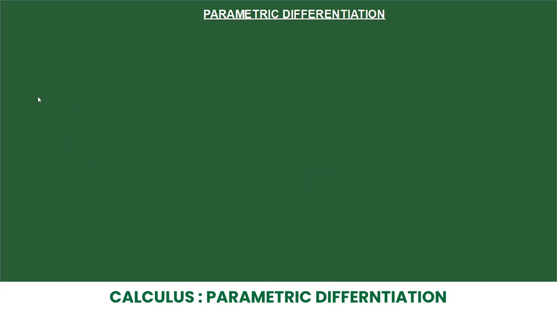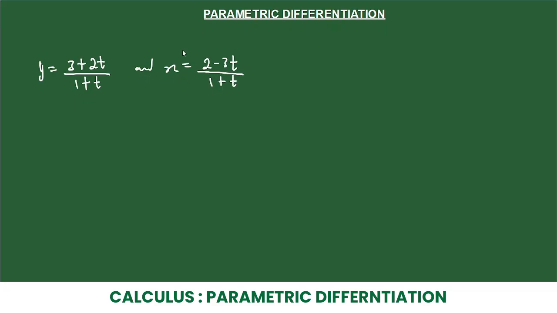For example, if you have a function like y is equal to (3 plus 2t) over (1 plus t), and then x is equal to (2 minus 3t) all over (1 plus t), right?